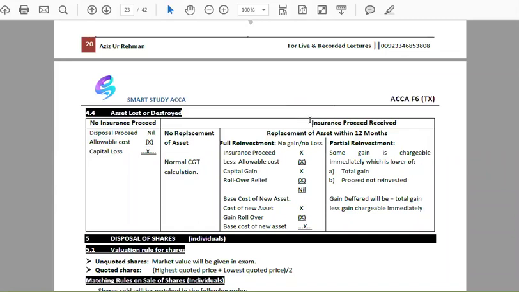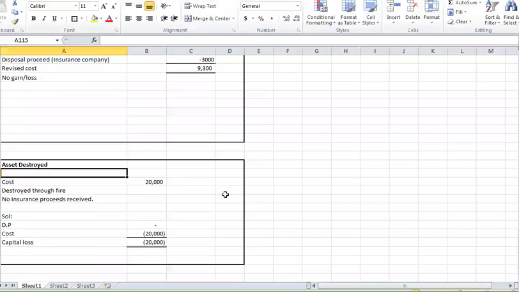So, insurance proceeds received, you have received money from the insurance company and no replacement of an asset. You have not purchased another asset from that money. So in this situation, normal CGT calculations. Money received from the insurance company will become your selling price.